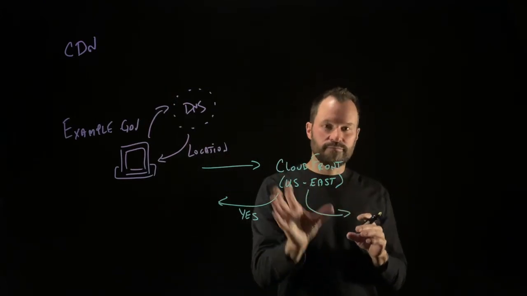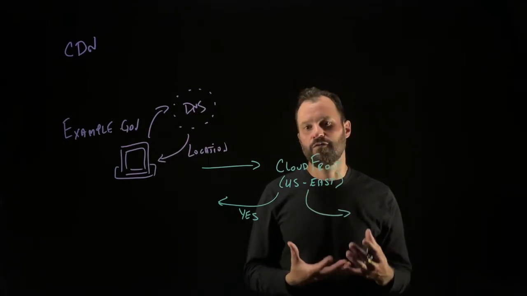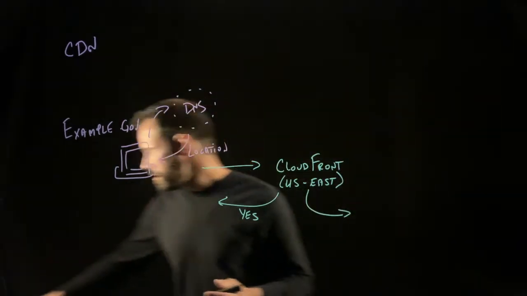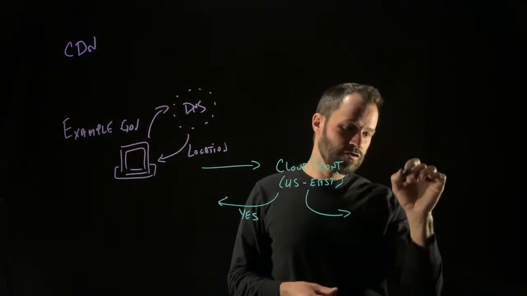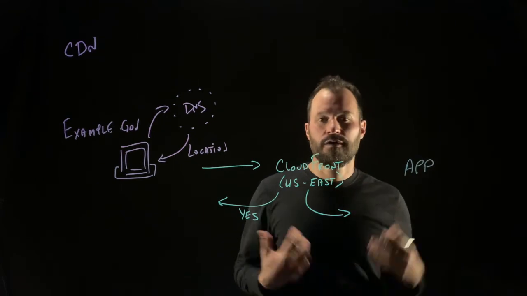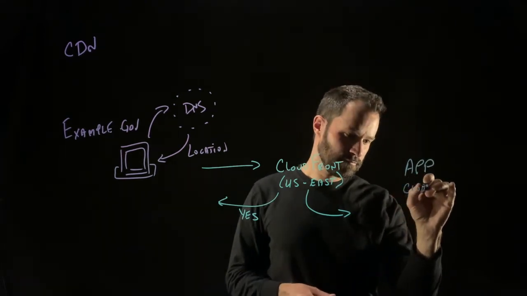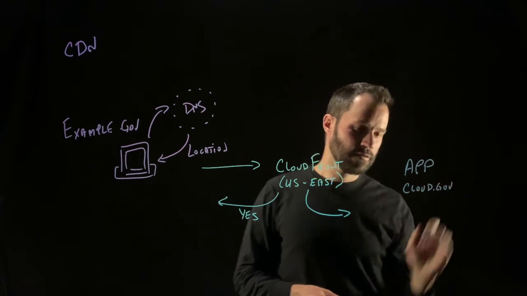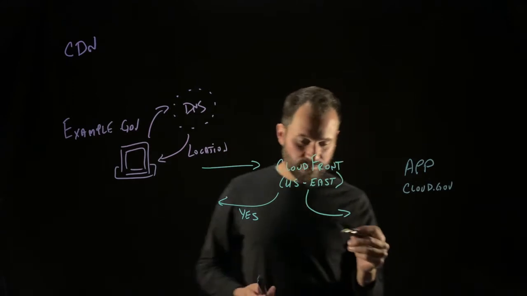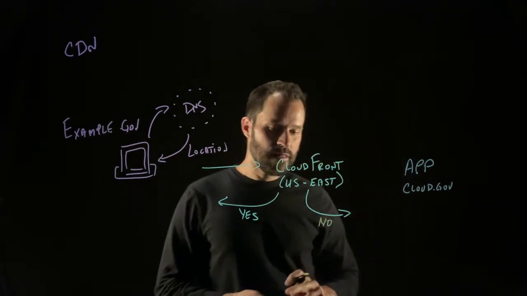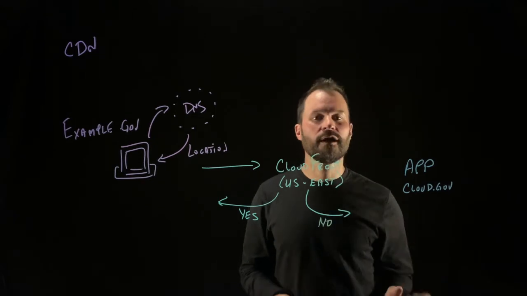In CloudFront, when we set up CloudFront as a cache, the cache always has what we call an origin. And the origin, in our case, is actually your application running in Cloud.gov. So in the event of a cache miss, this CloudFront cache is going to reach back to your application.